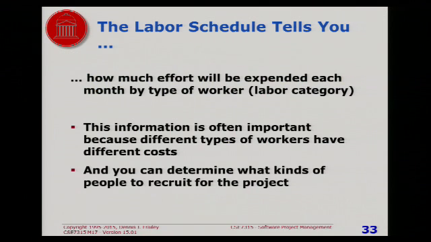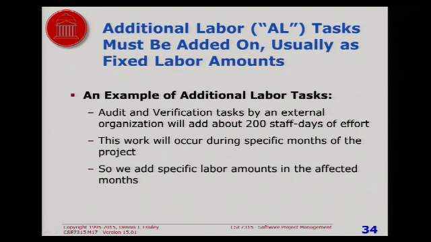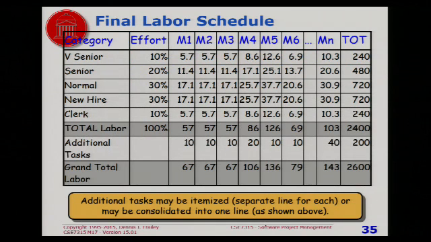The labor schedule tells you how much effort will be spent each month by each type of worker, and you can determine what kind of people to recruit. You can add any additional labor at this point. For example, I gave the example of the audit in the previous example. And you just throw another row in the bottom, or more rows if you want, to get your grand total of your labor.